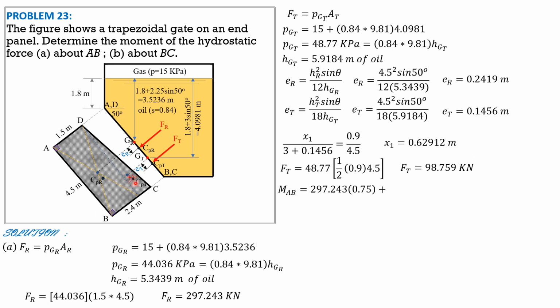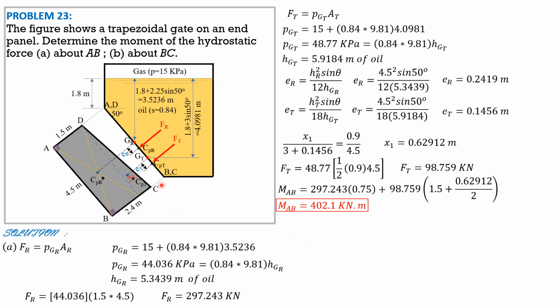The midpoint of this line goes through the center of pressure of the triangle, x1 over 2. So plus 98.759 times quantity 1.5 plus x1, 0.62912, over 2. So computing for MAB, MAB is equal to 402.1 kilonewton meter.